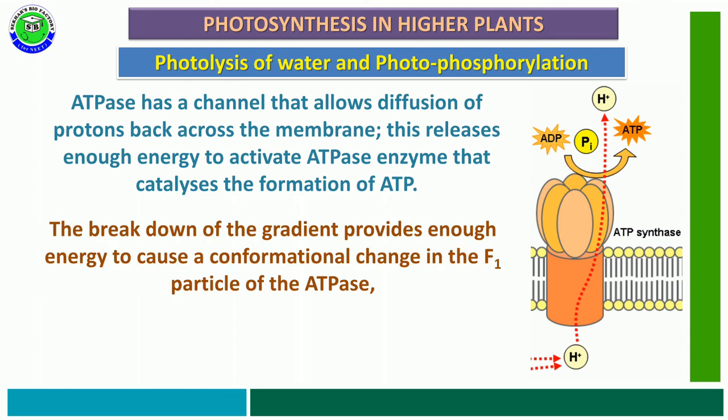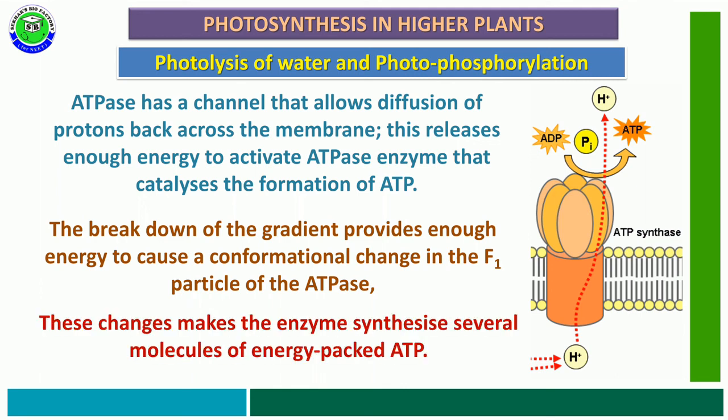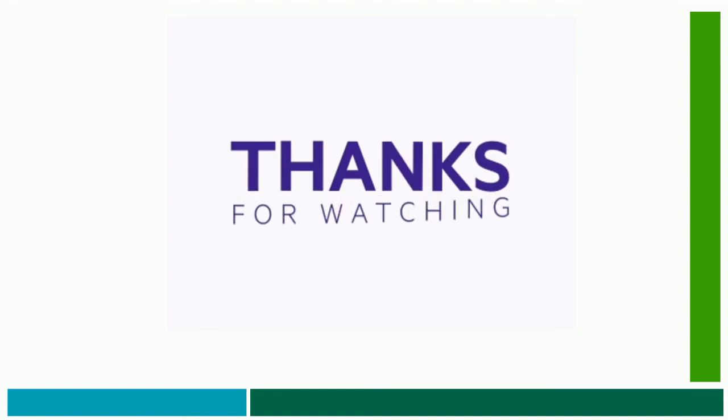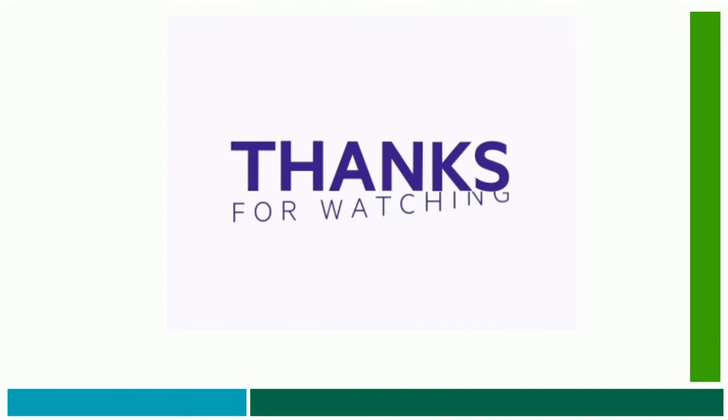The breakdown of this gradient provides enough energy, and this energy causes conformational changes in the structure of the F1 particle of ATPase, and these changes help the enzyme synthesize several ATP molecules by packing energy in their chemical bonds. It is the process of the chemiosmotic hypothesis that explains the formation of ATP molecules. Thanks for watching.